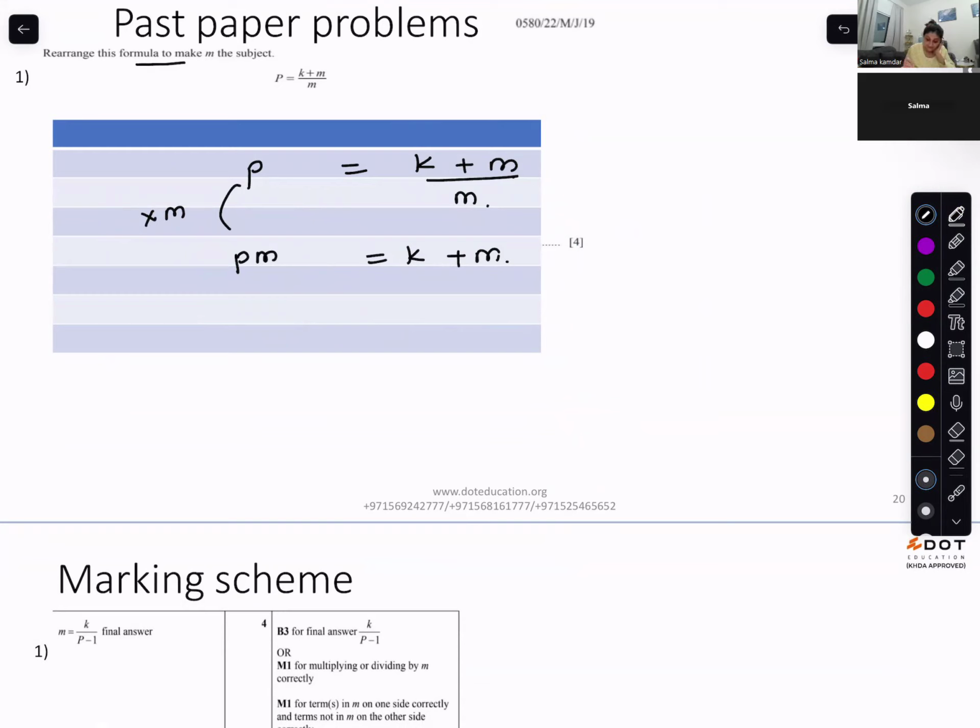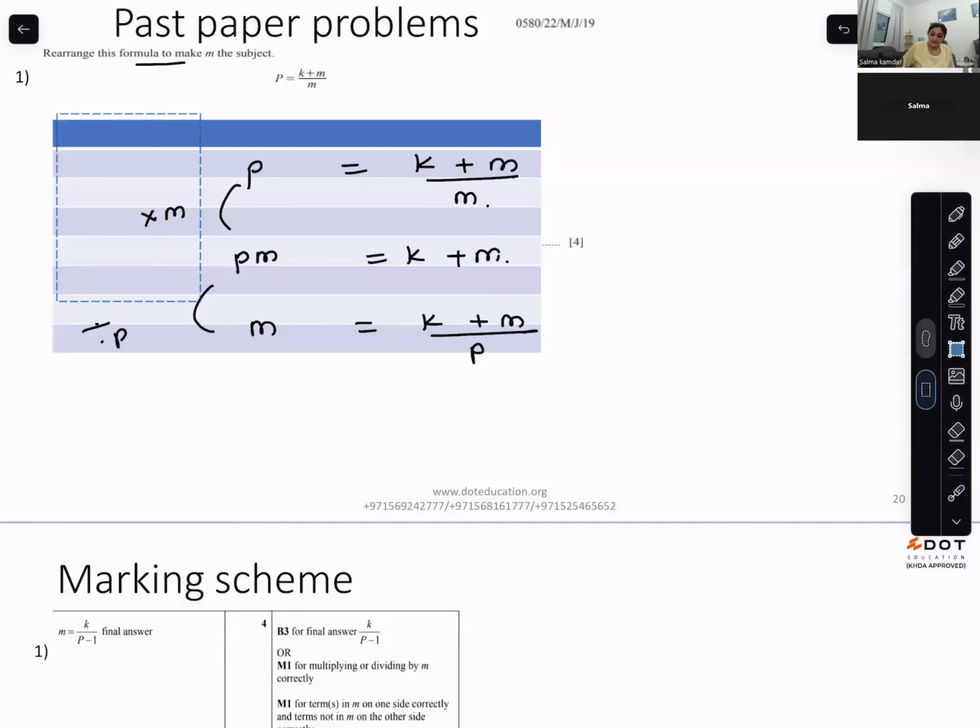So what I'm going to do, I'm going to divide by P. So this will be M is equal to K plus M by P. I'm going to give this P to both the things. So I will multiply both the sides by P. If I multiply, I'll get the same thing. So we are still struggling.